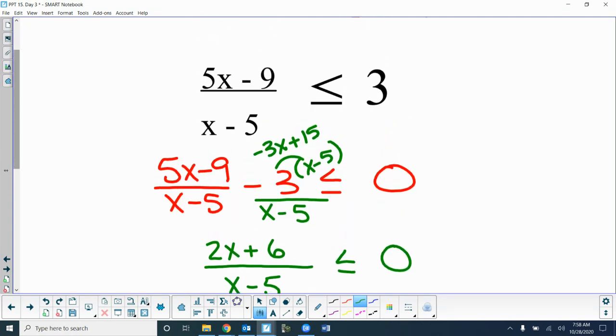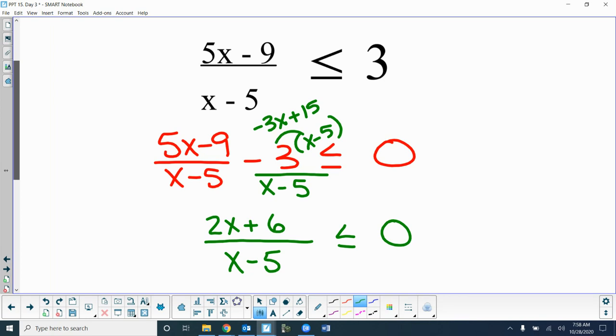I want to make it a problem that has a single fraction, less than or equal to, greater than or equal, that doesn't matter, 0 on this side. Okay? So any questions on how I got that new fraction, the green one?